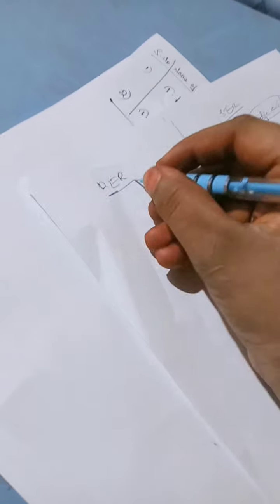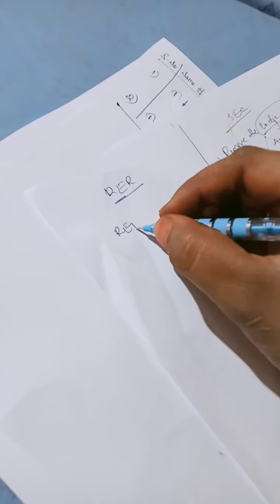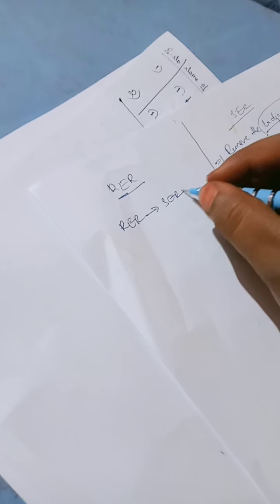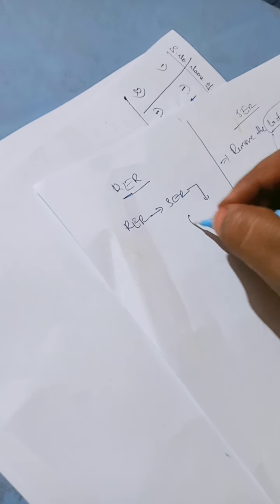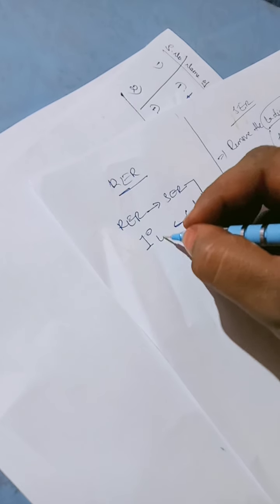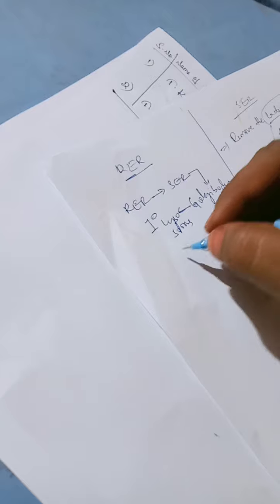Coming to the RER, we have to know that RER, by losing ribosomes, gets converted into SER. This SER will be involved in the formation of the Golgi body. The Golgi body is involved in the formation of primary lysosomes.